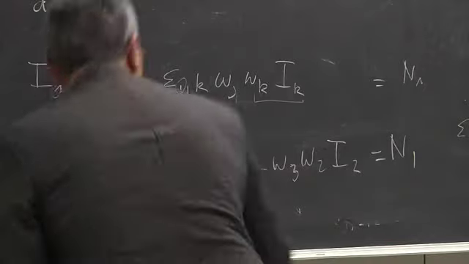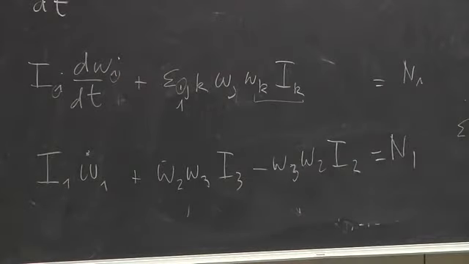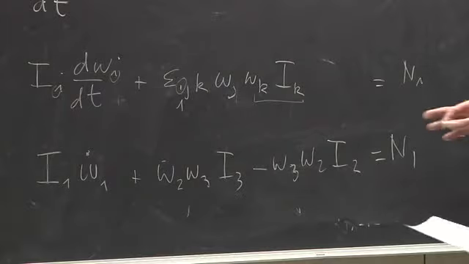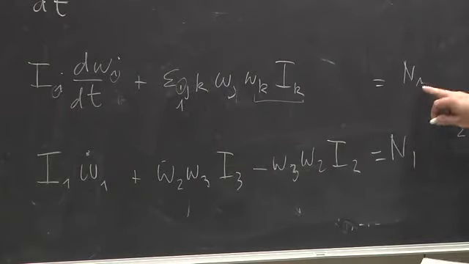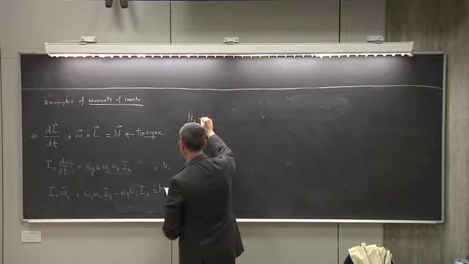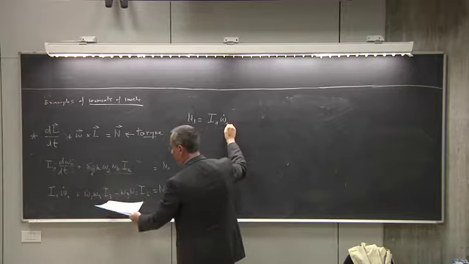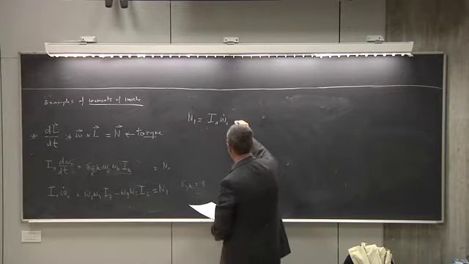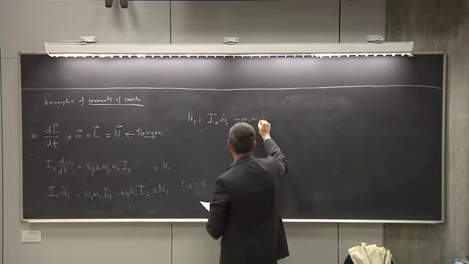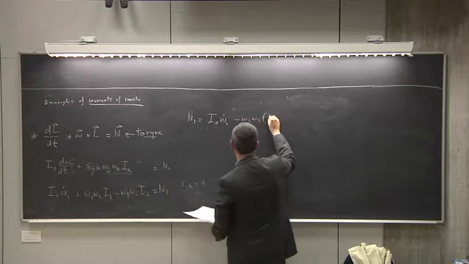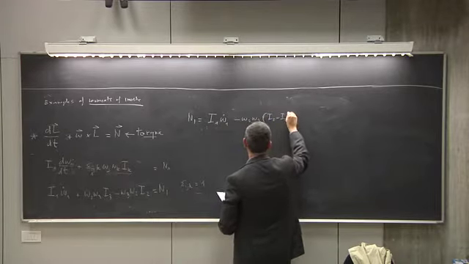So if I now write these components, this equation in the language that we introduced today gives rise to three equations, one for each component of the torque. So N1 is equal to what I wrote there: I1 omega dot 1, then I can collect this, because you see it is minus omega 2 omega 3, I2 minus I3.